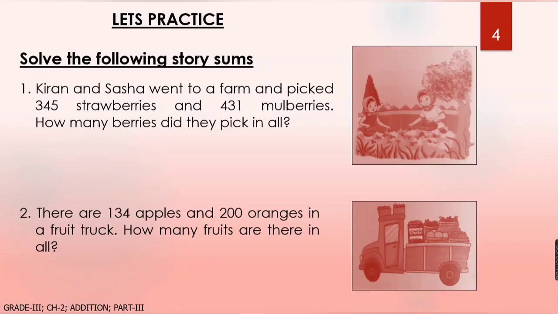So what you have to find here, children, is how many fruits are there in all? So 134 apples are there and 200 oranges are there. So you can find the total number of fruits in the truck. So like this you have to solve the story sums.